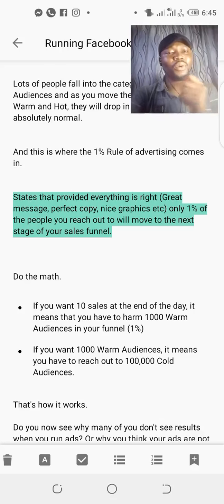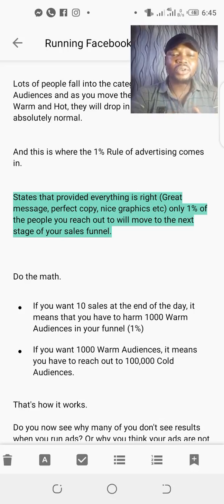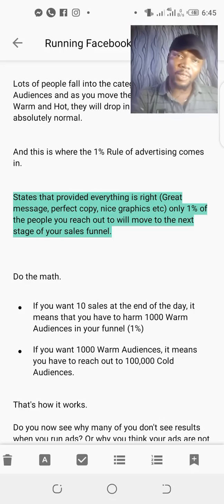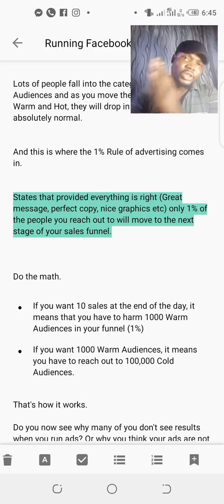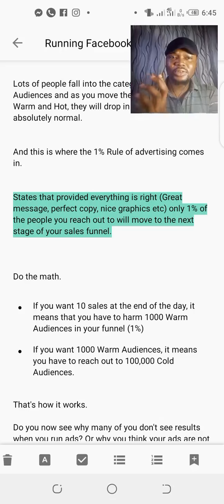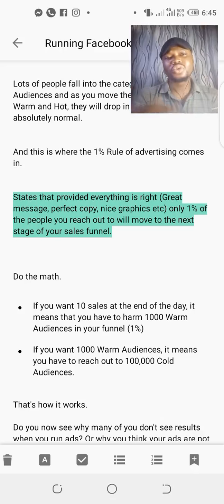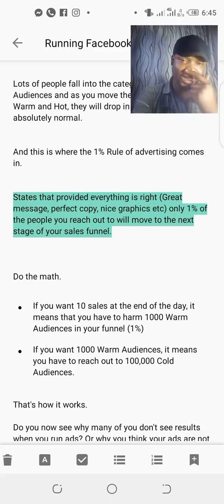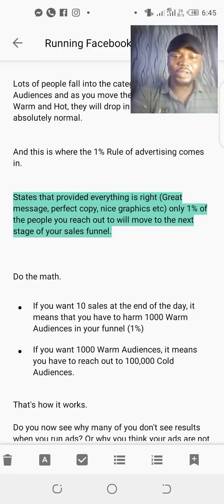And for you to have 1,000 warm audiences, you must reach out to 100,000 cold audiences. So it's just 1%. If you want them to move from cold to warm, then expect only 1% to move from cold to warm. That's the 1% rule of advertising. That's just expectation.